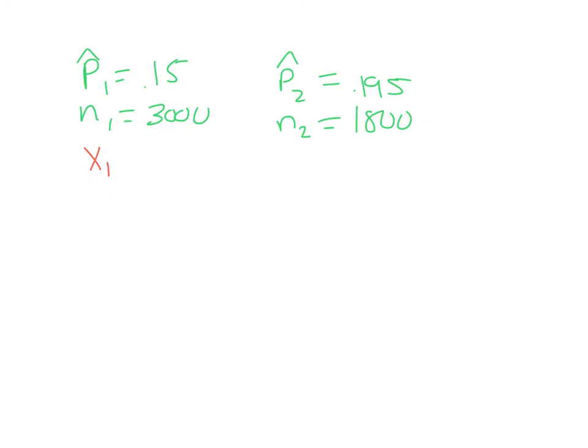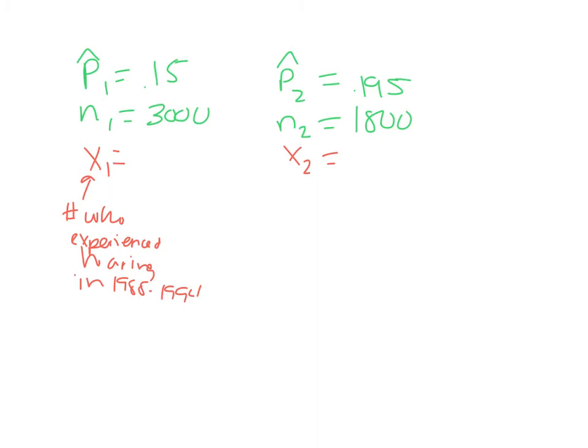This is the number who experienced hearing loss, in the earlier span of years. We'll have the same thing for the other span of years, which we'll call x2. For x1, we had 15% of our sample of 3,000, so x1 is 450.